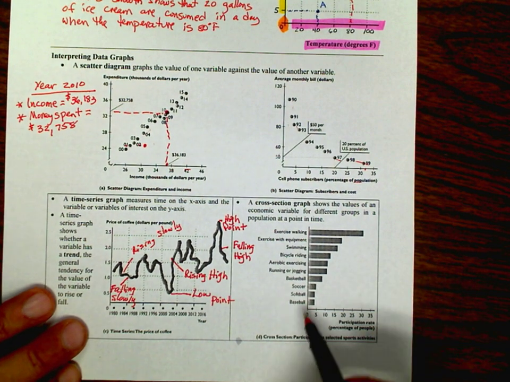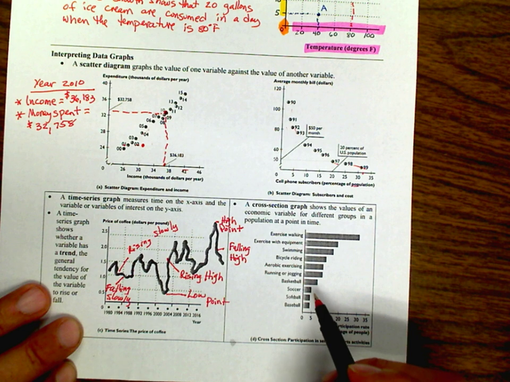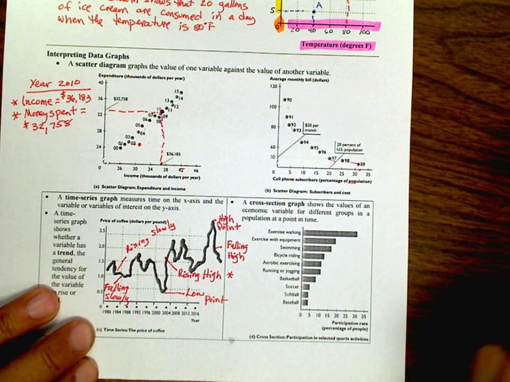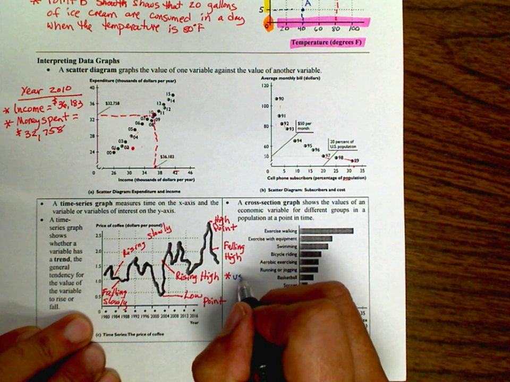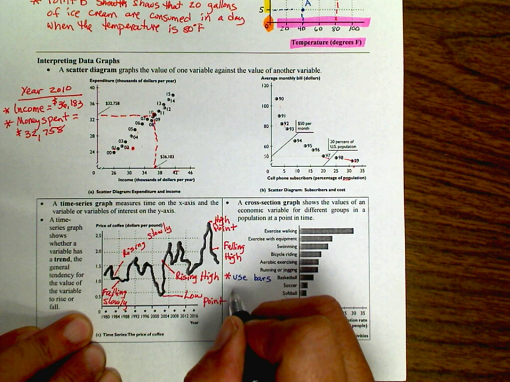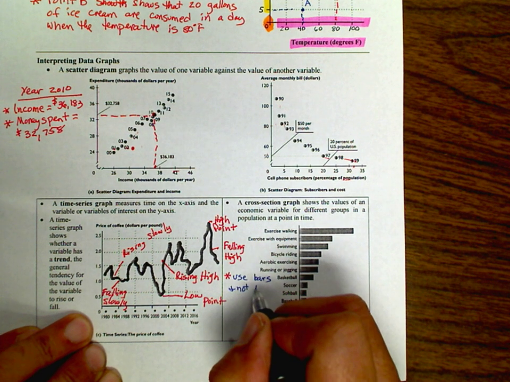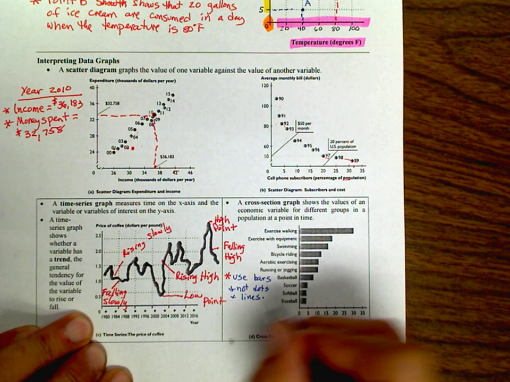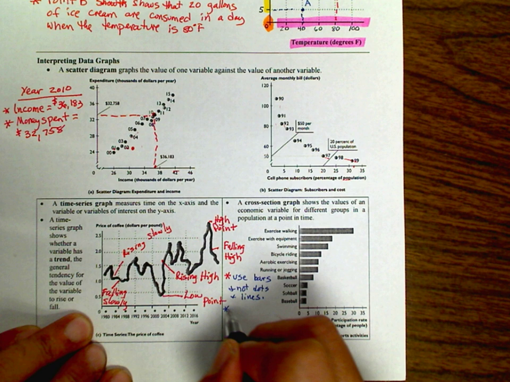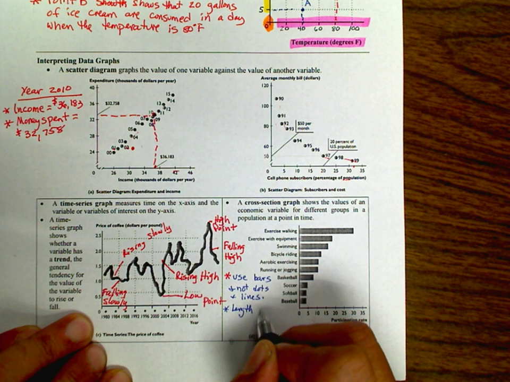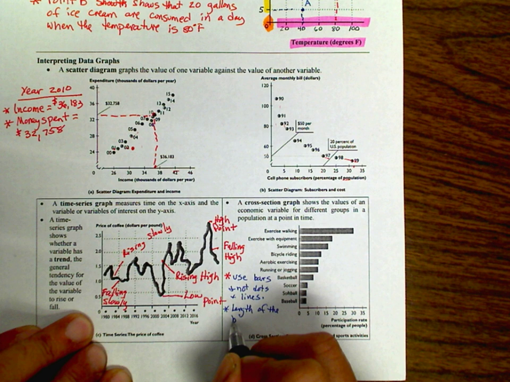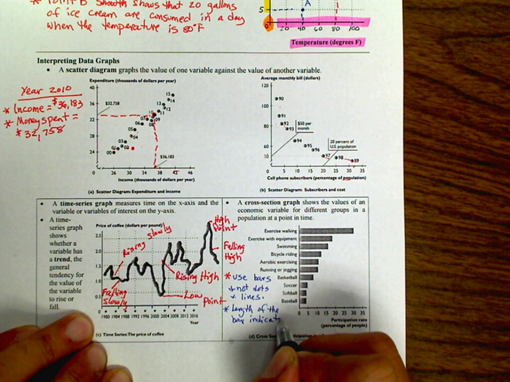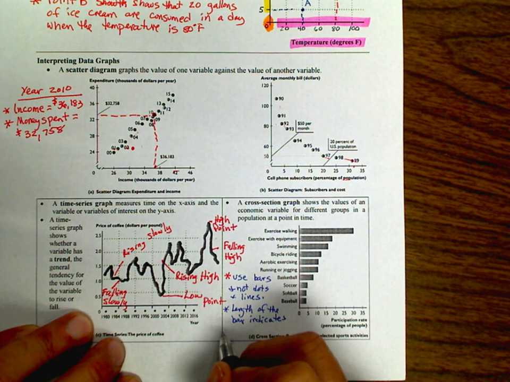Over here, you have what is called a cross-section graph. And the important thing to remember about this is they use bars and not dots and lines. Okay? The length of the bar indicates the participation rate.